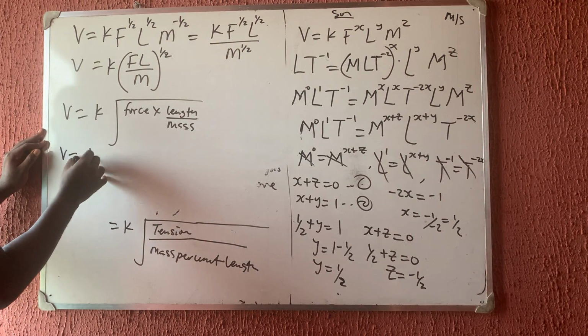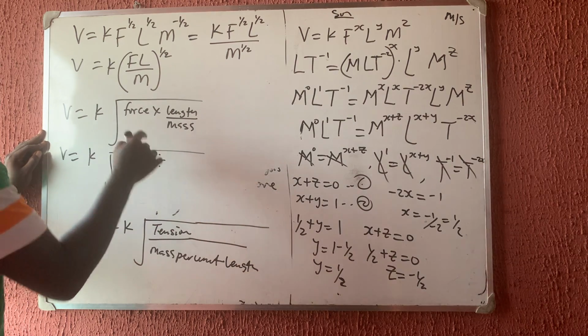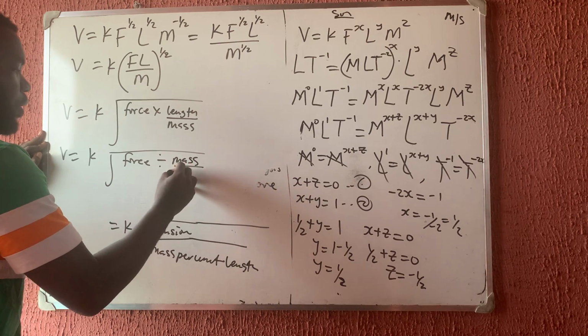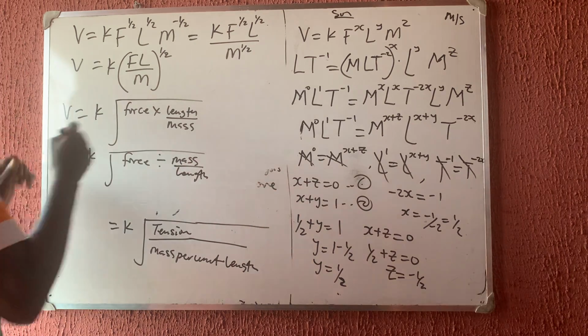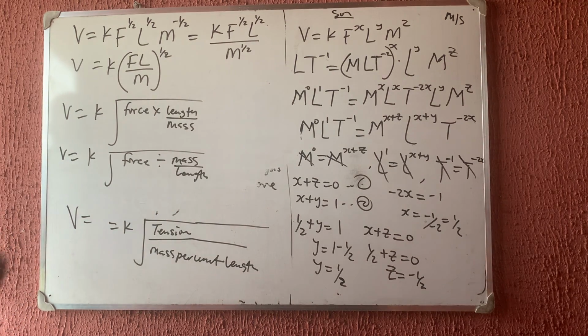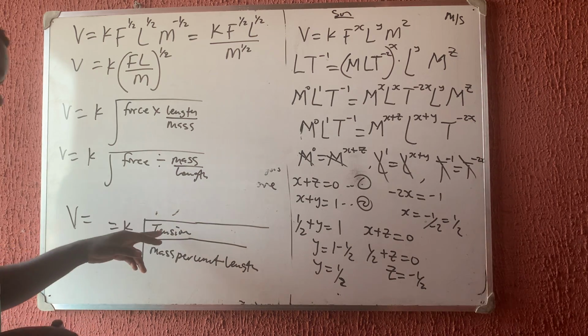So my v will now be k the square root of force divided by, if you change divide to times, these will turn upside down, that is mass over length. And raised power 1 over 2 is the same thing as square root. So this is now k the square root of force, which is the same thing as tension.